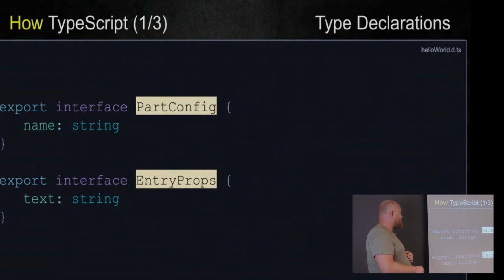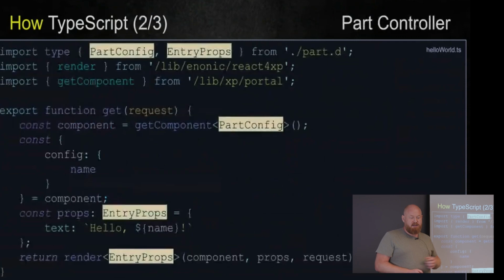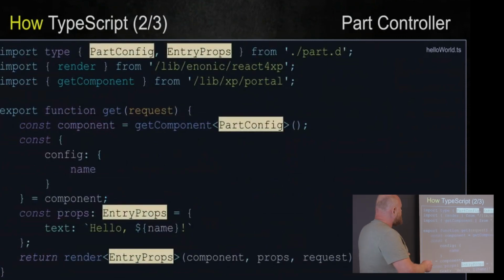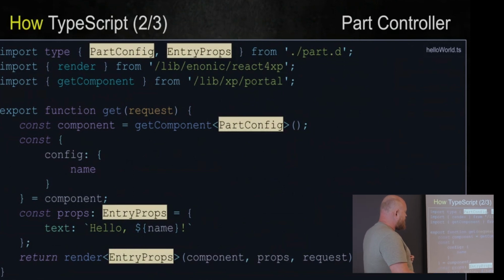What I have done, my part has one property, which was name, and that's a string. Very simple. And then in the props, I have a text property. That's also a string. What's cool about this is that we can import this directly in our controller code. So here we import the types, and we can use them directly in here.